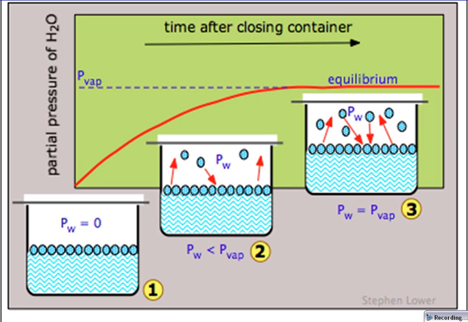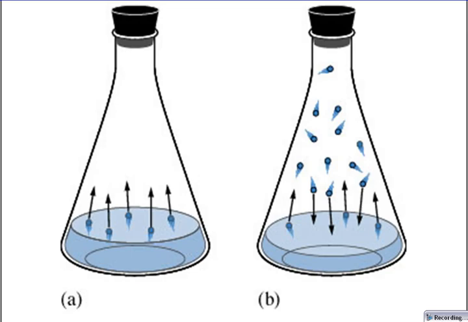Substances with very low intermolecular forces, meaning they have very low attraction between their molecules, have very high vapor pressures, because more of the molecules can escape to becoming a gas and exert a greater pressure. These substances are called volatile. So substances that readily evaporate in open containers are volatile.